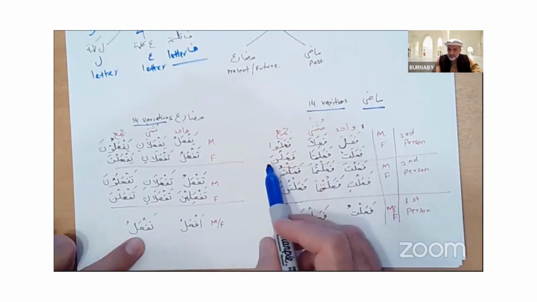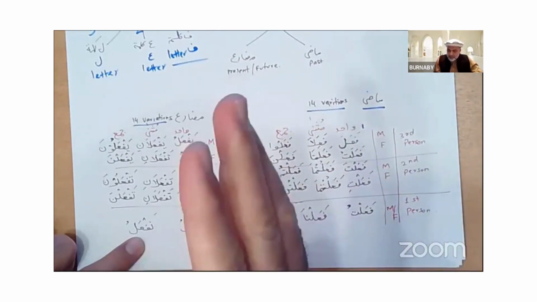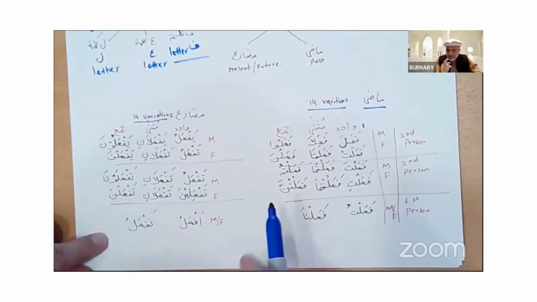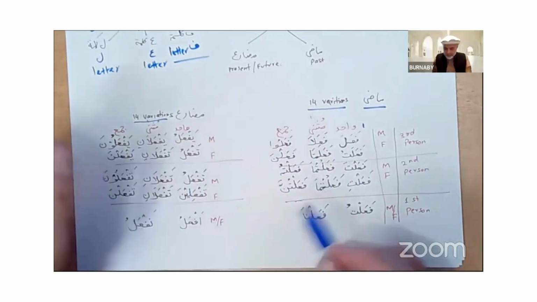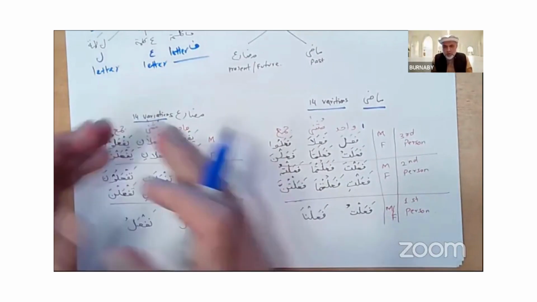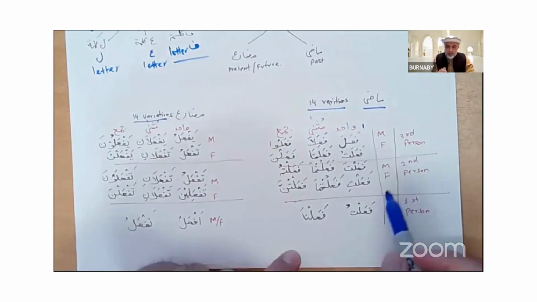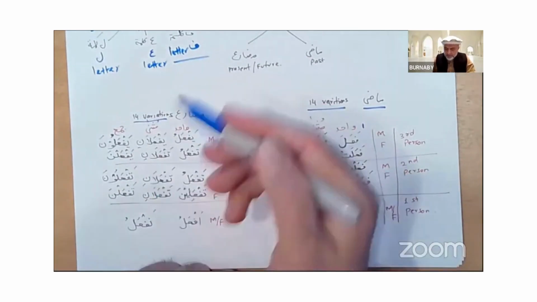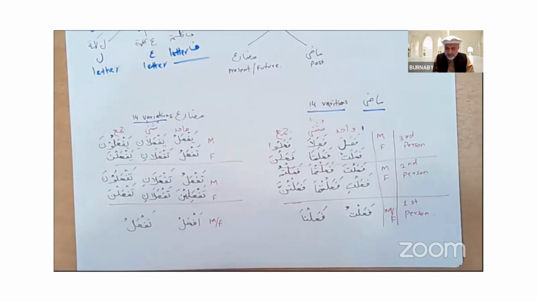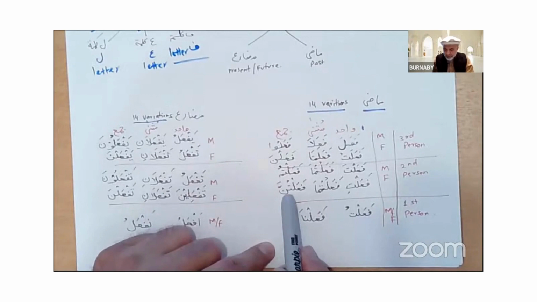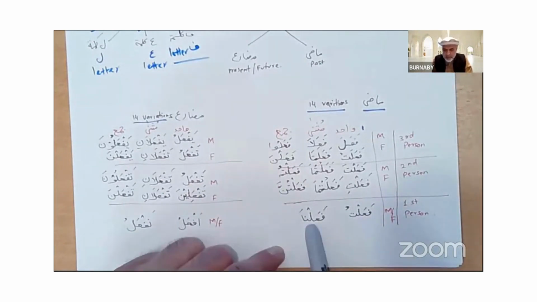For the second person, you and you all, for male it was fa'alta, you one male did. Fa'altuma, you two male did. Fa'altum, you all male did. When you want to say the same thing about a female, you say fa'alti, fa'altuma, fa'altunna. And for the first person, you say fa'altu, fa'alna.